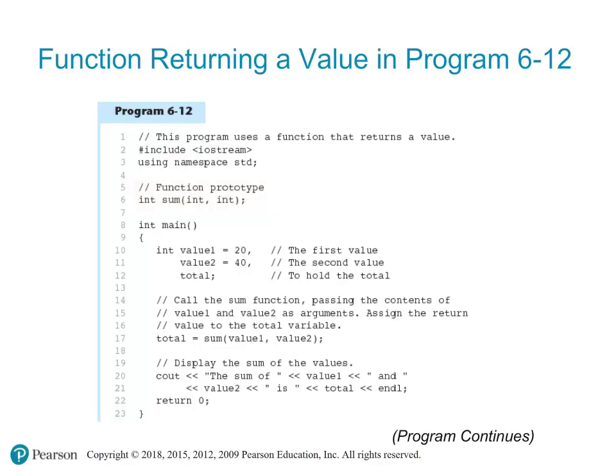In the main function, we initialize value1 and value2 with the integers 20 and 40 respectively. We call the sum function and store its return value in the variable total. Finally, the program displays the sum of value1 and value2, which is stored in total.